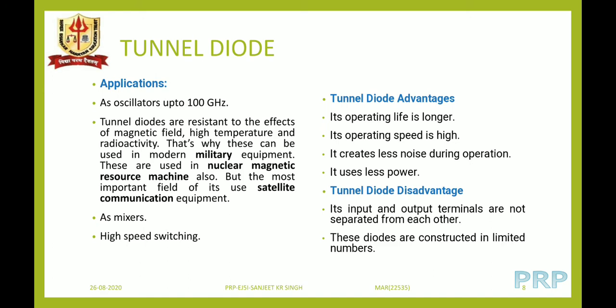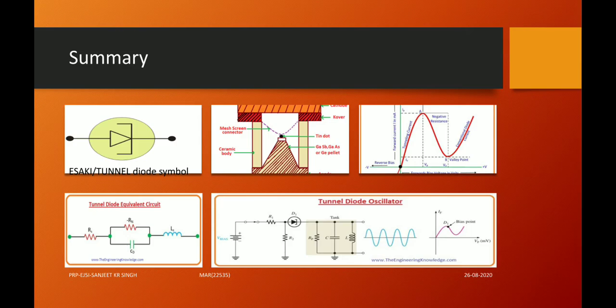It creates less noise during operation, and it uses less power and less current; milli and micro ampere current is used. Tunnel diode disadvantages are that its input and output terminals are not separated from each other. So these diodes are constructed in limited numbers.